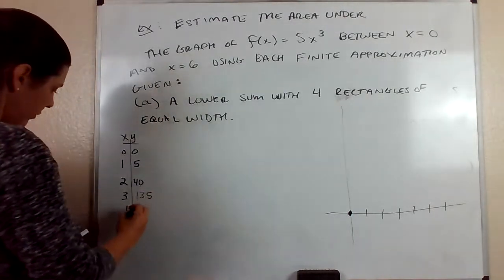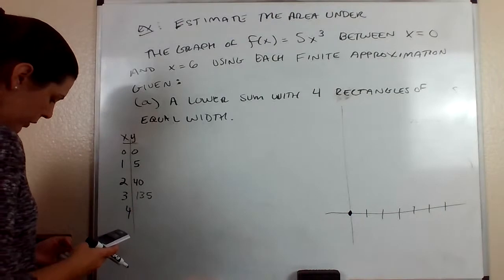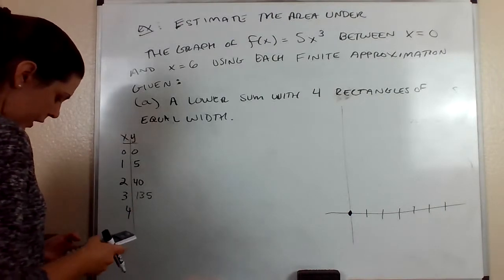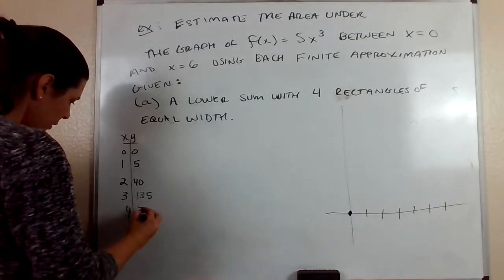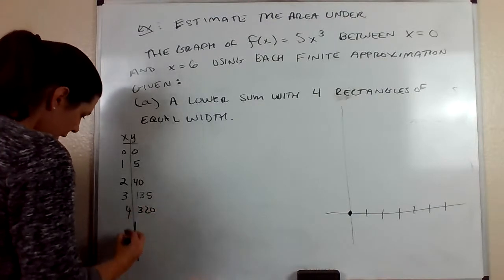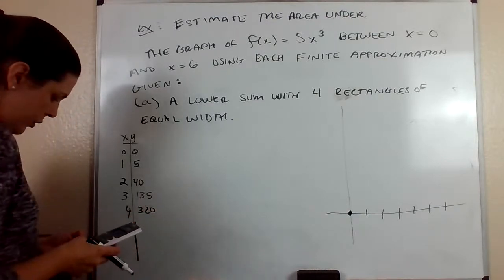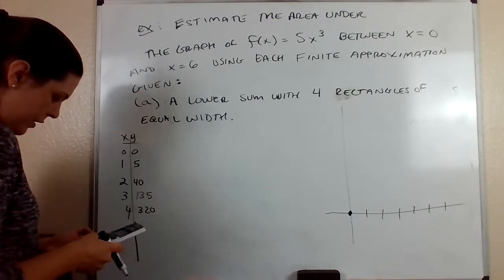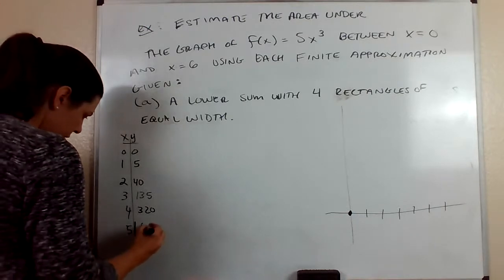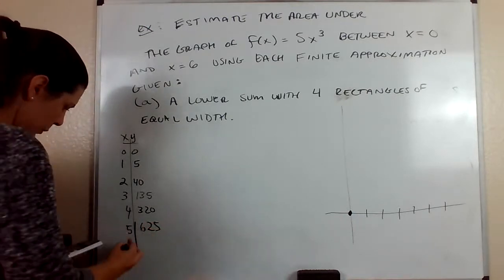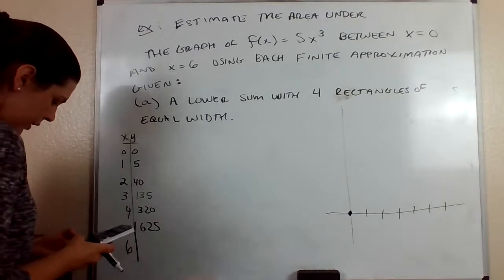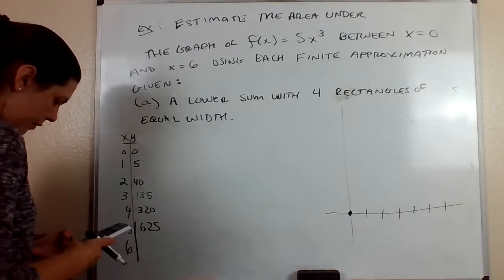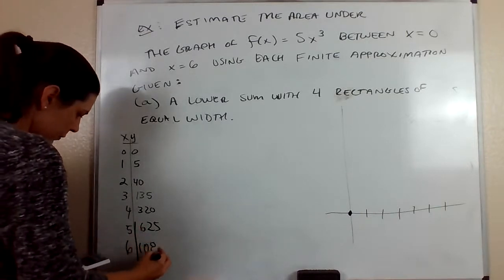Next, let's plug in 4. 4 cubed is 64, times 5 is 320. 5 cubed times 5 is 625. And last, let's plug in 6. 6 cubed times 5 is 1080.